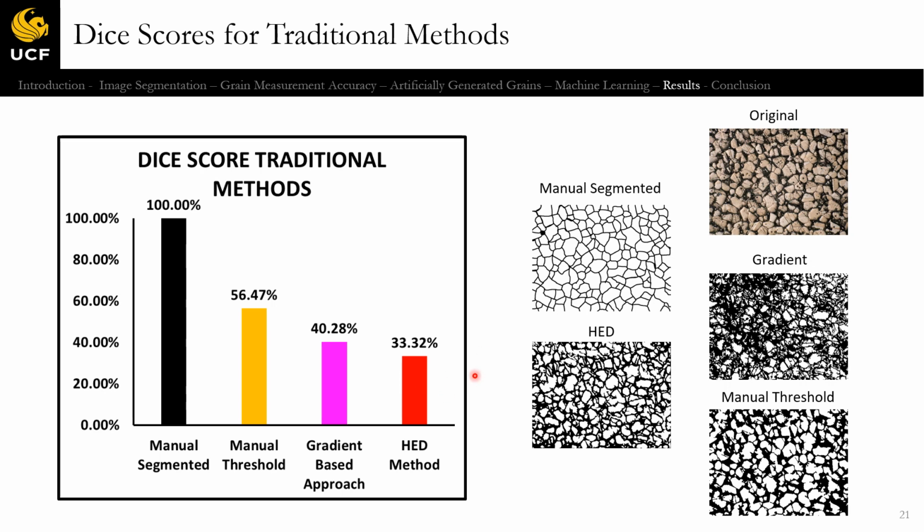From a machine learning perspective, that's the dice score, and from a materials science perspective, that would be the grain measurement scores, direct grain measurements. And here we can see examples of some of those images: original, gradient, manual threshold, HED, and manual segmentation.